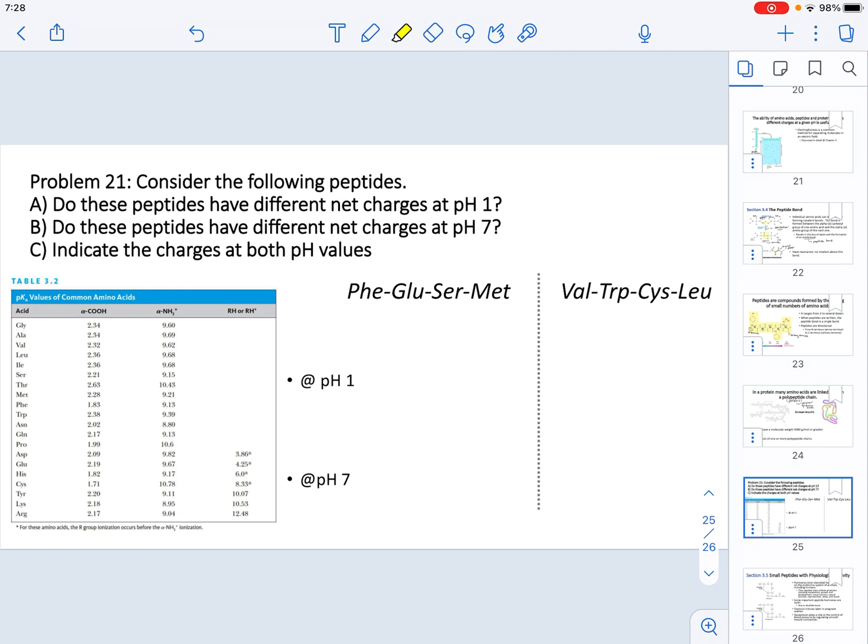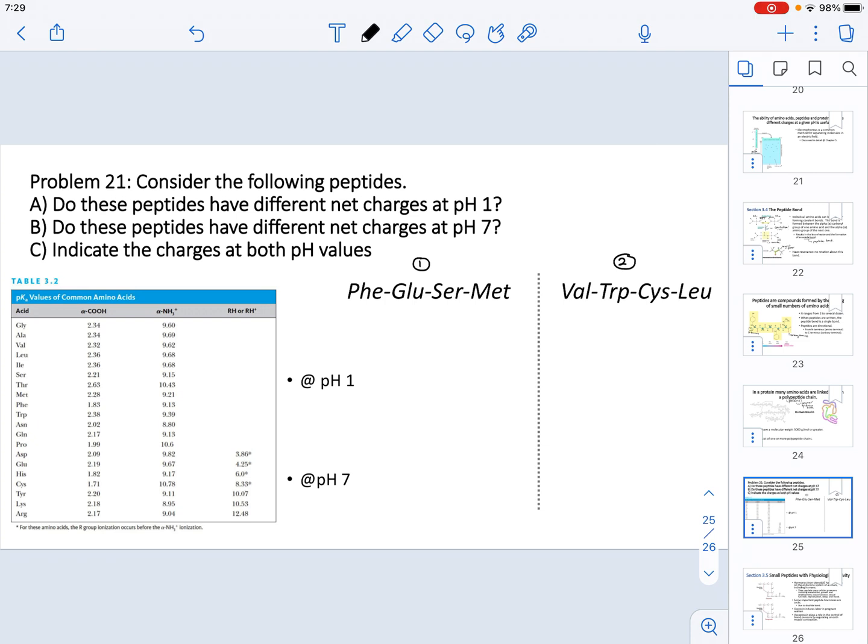For that, we are going to look at problem 21. It says, consider the following peptides. We have peptide number 1, which has phenylalanine, glutamic acid, serine, and methionine. And we have peptide number 2, which has valine, tryptophan, cysteine, and leucine.